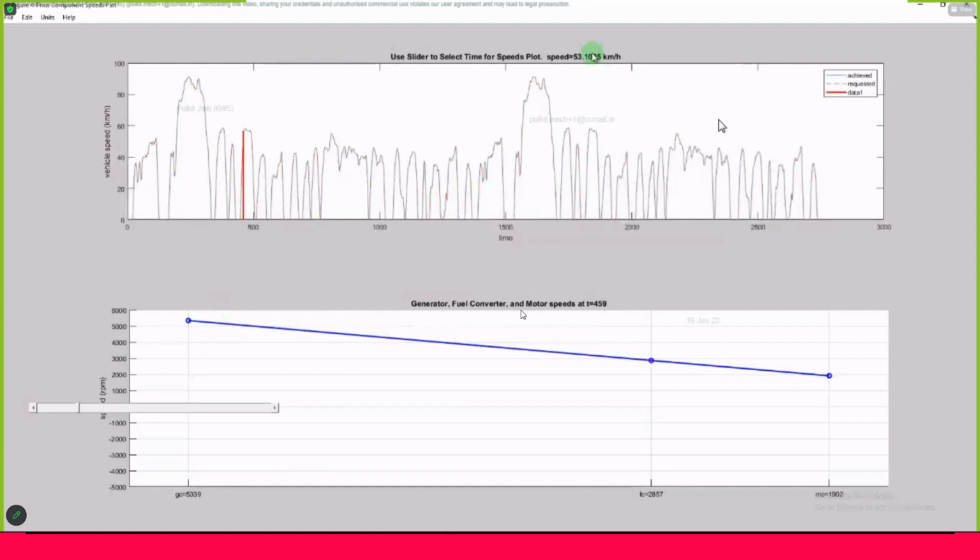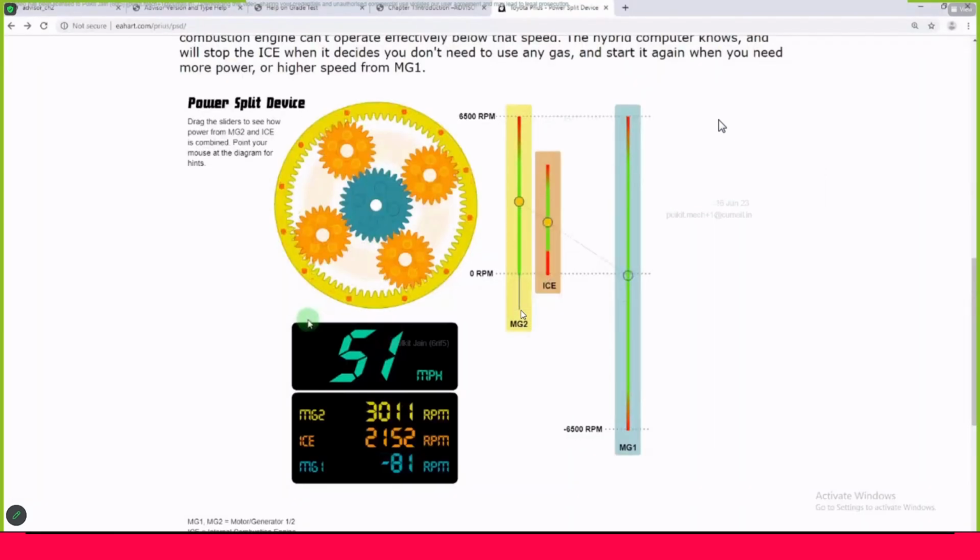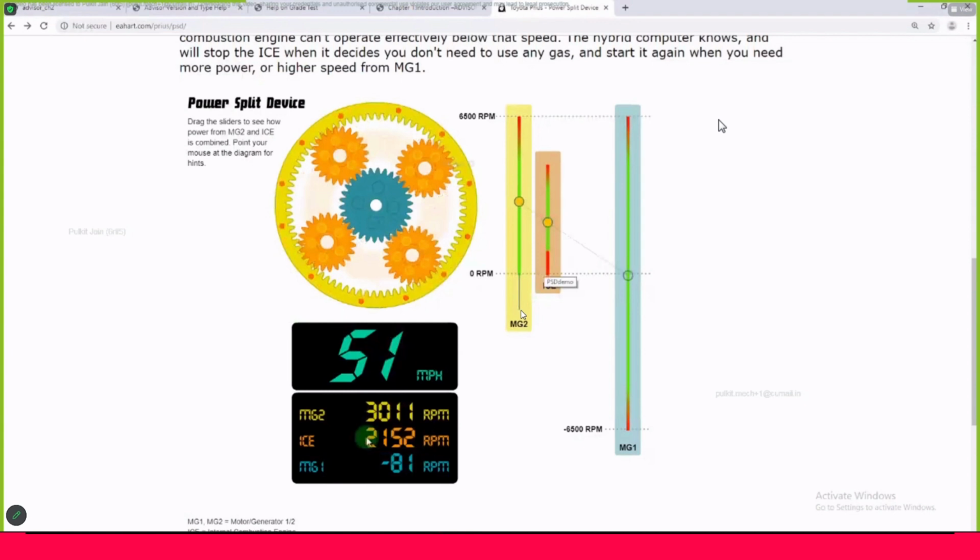arranged in this particular configuration as well. So here the speed is, let's say, 53 kilometers per hour at 459 seconds, and these are the speeds of the different components. So what is the engine RPM here? 2152.